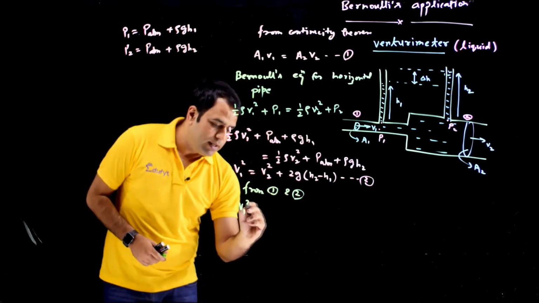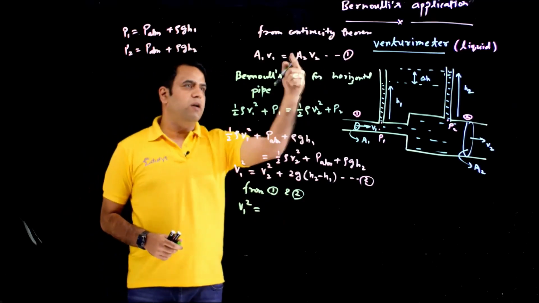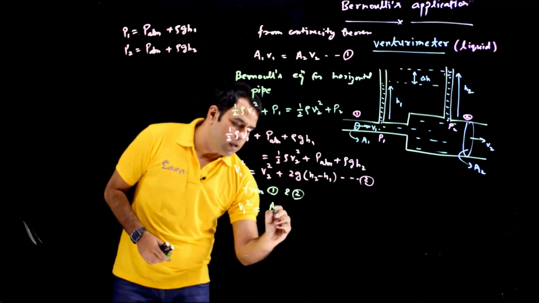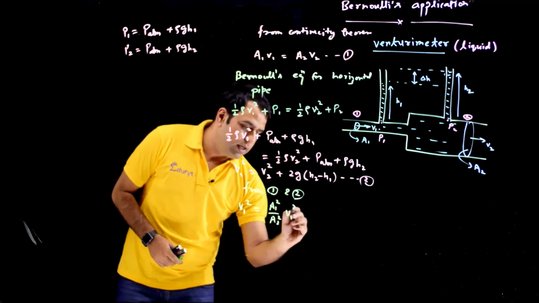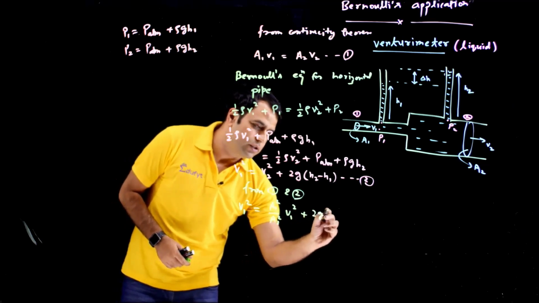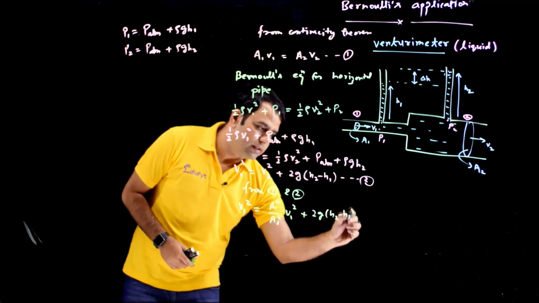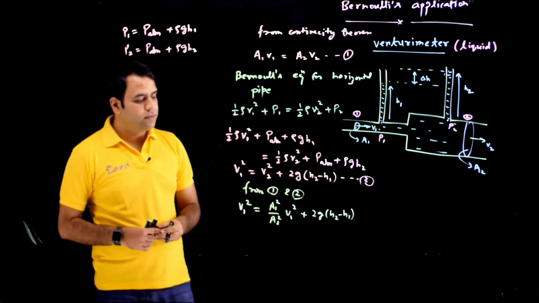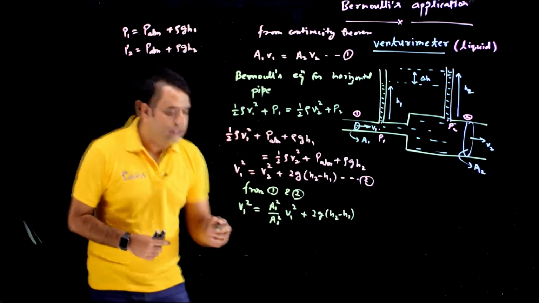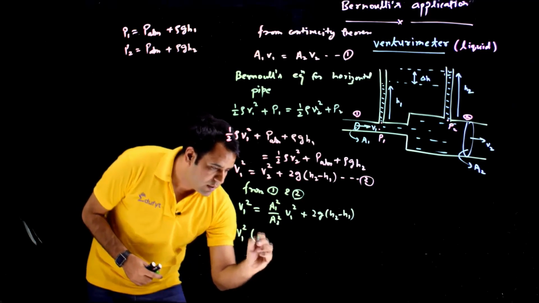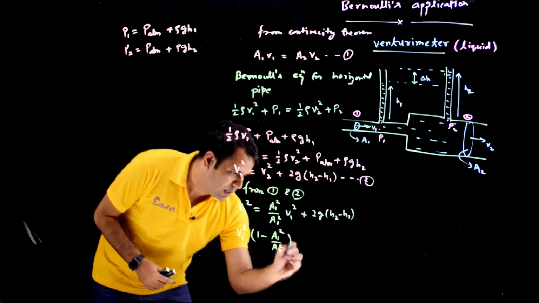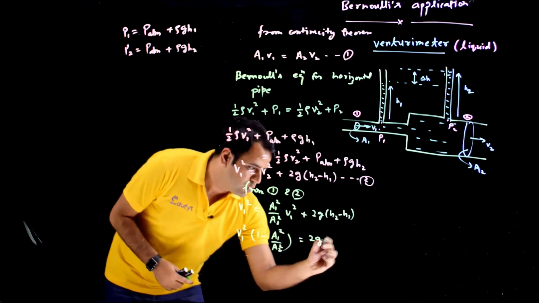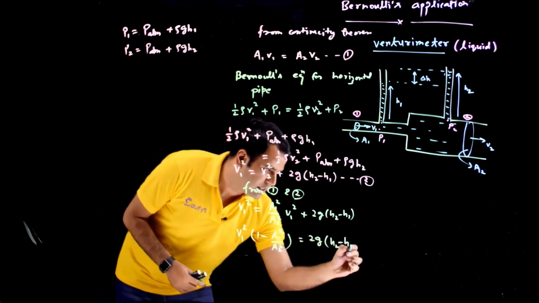So V1 square will be equal to, in place of V2 square, A1 square upon A2 square into V1 square plus 2g(H2 minus H1). So this value we will take on the left side. So V1 square (1 minus A1 square upon A2 square) will be equal to 2g(H2 minus H1).